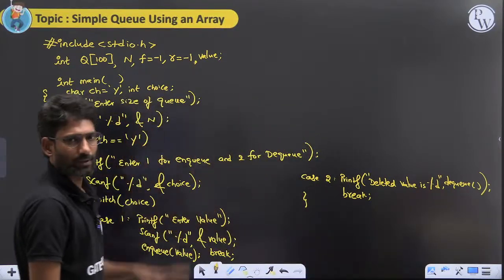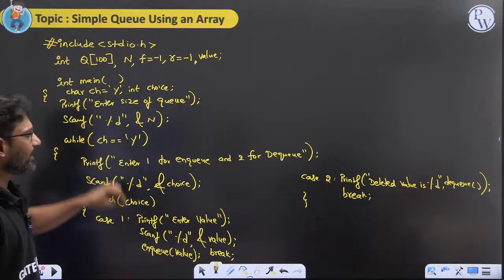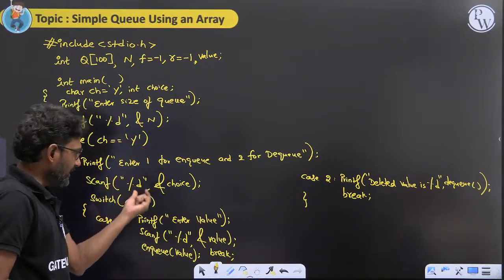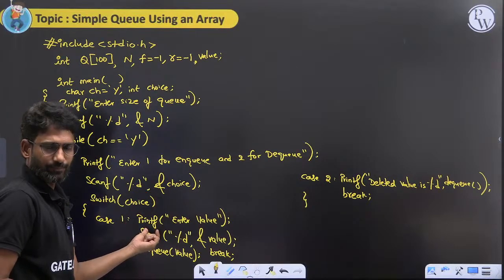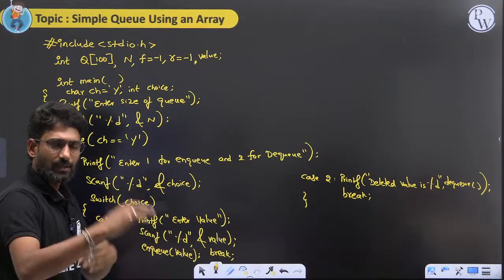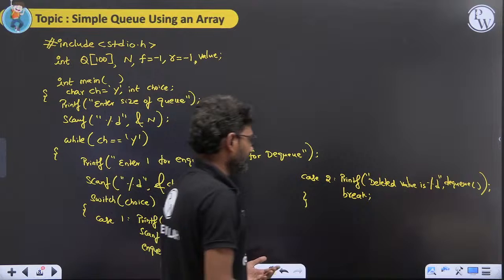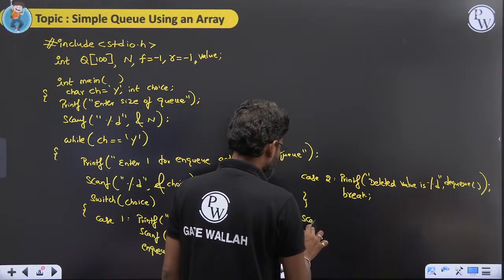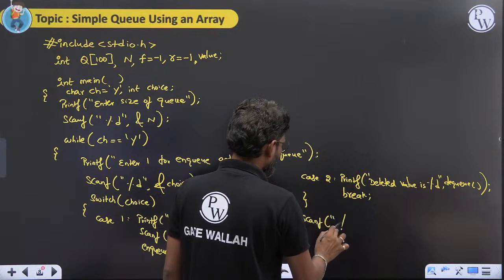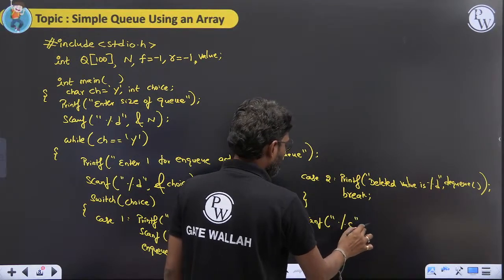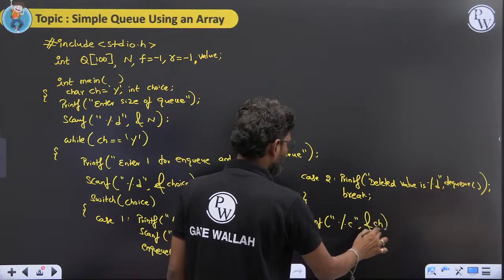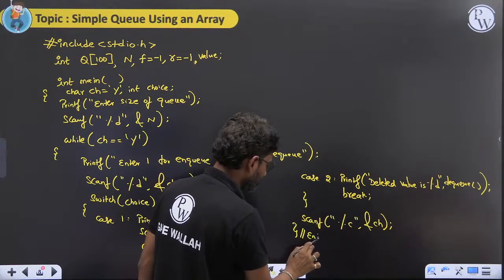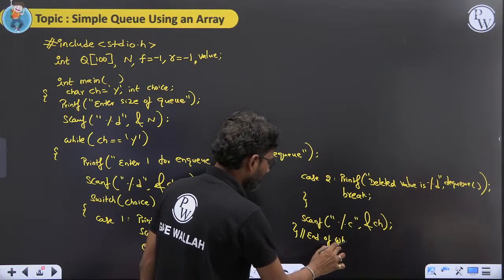Now I will take interest. Let's say first I have done one operation. What you want to do again? So are you interested again? So let me take the ch before I exit the loop. So this is the end of while.